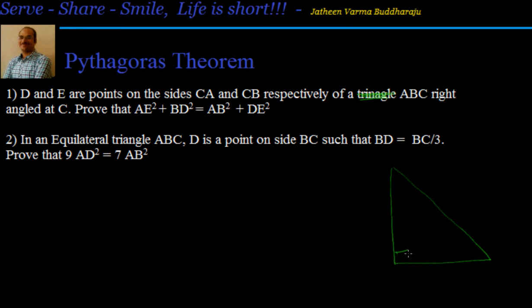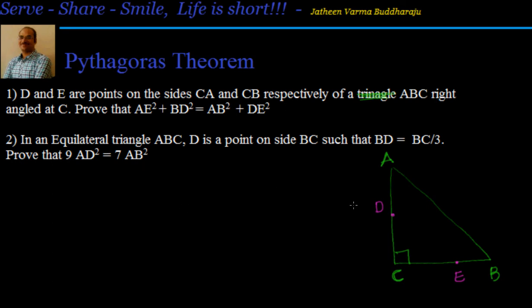Right angled at C, so I know this is C. Then obviously this is A and this is B. D and E are points on side CA and CB. On CA there is a point D and on CB there is a point E. This is what is given to us.